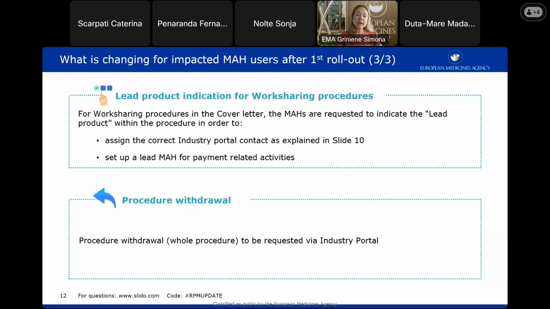So for us to assign the correct industry portal contact as explained in slide 10. That means that the person who is authorized for post-authorization procedures for that lead product will become an industry portal contact for this work-sharing procedure. And also it will allow us to set up a lead marketing authorization holder for any payment-related activities.